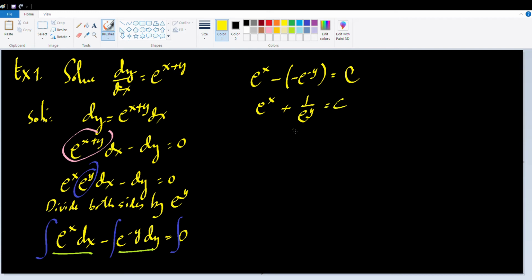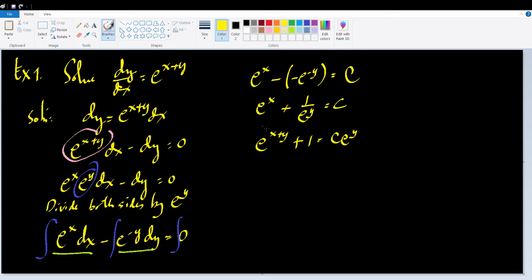We can write this as e to the x plus y plus 1 equal to c e to the y.